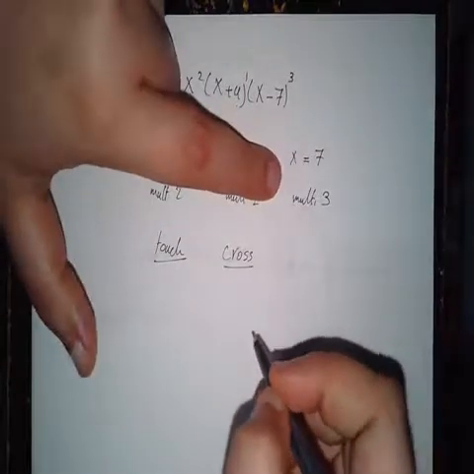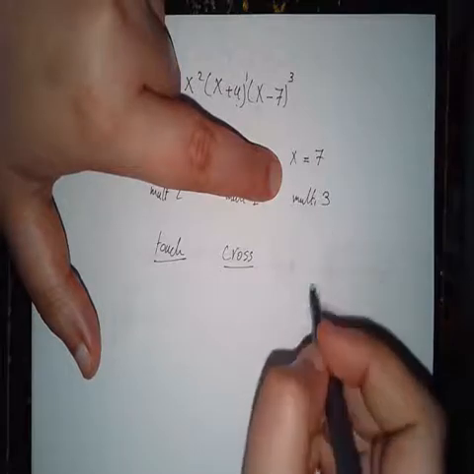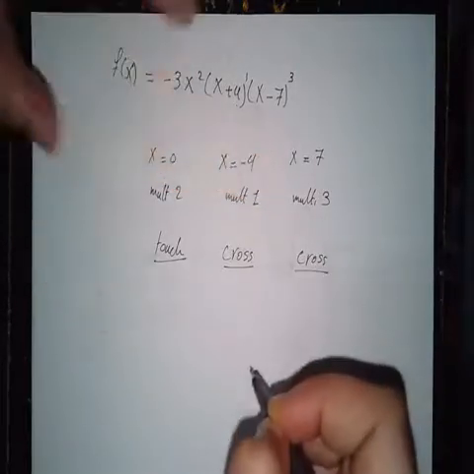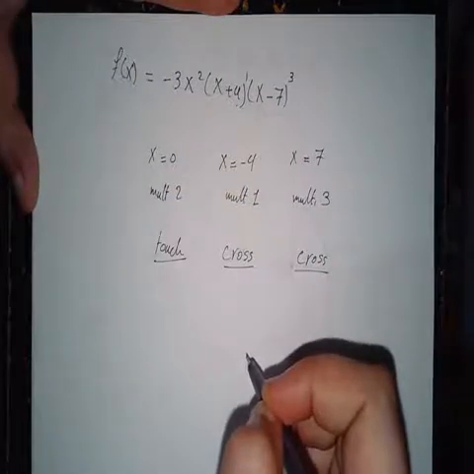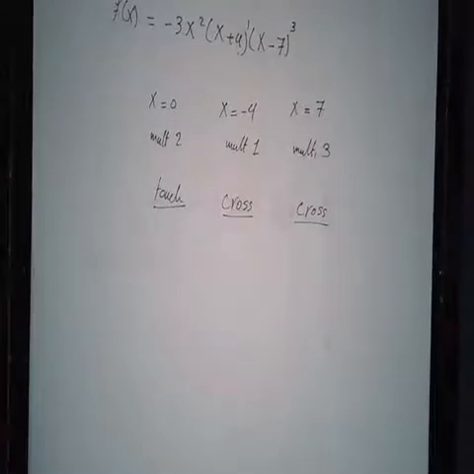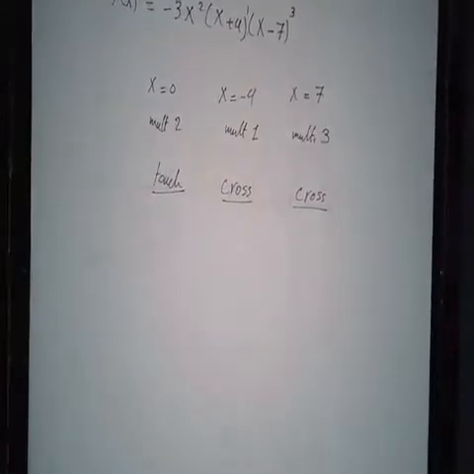And over here it's 3, which is also odd, therefore it also crosses the x-axis. So that was touch and cross, and the multiplicity of zeros and how to work with them.